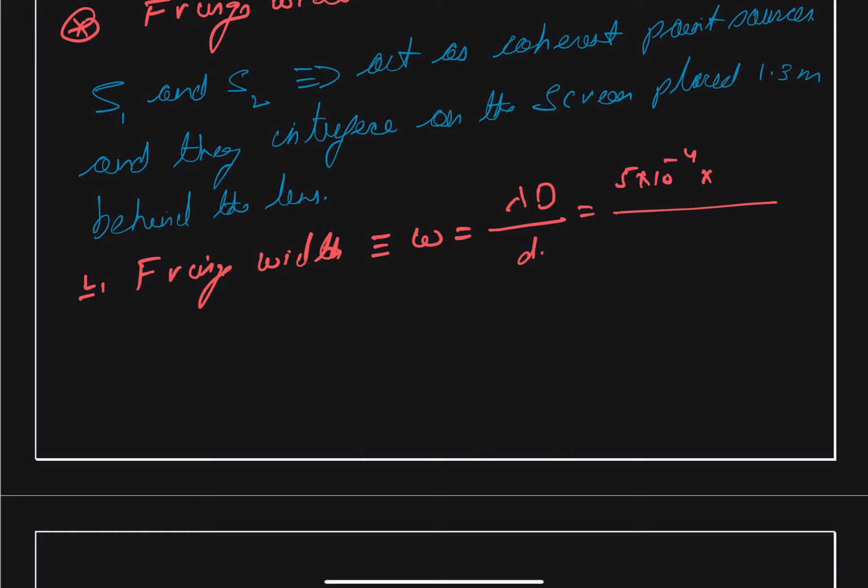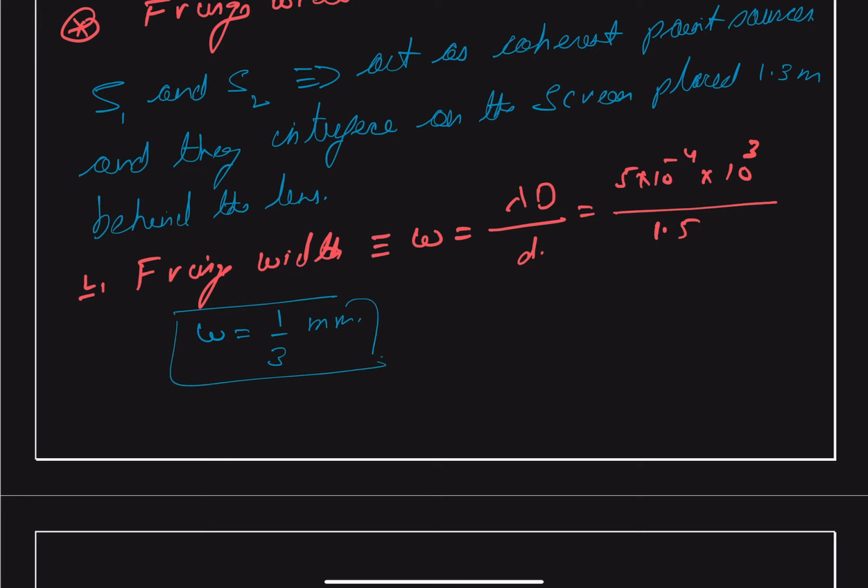Capital D is 10 raised to power 3 millimeter, and small d is 1.5 millimeter. We get the fringe width as 1.3 millimeters.